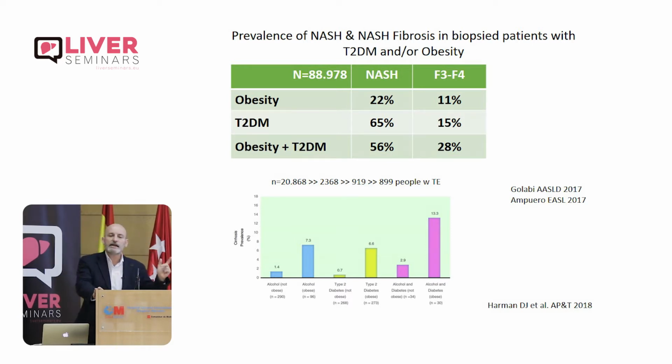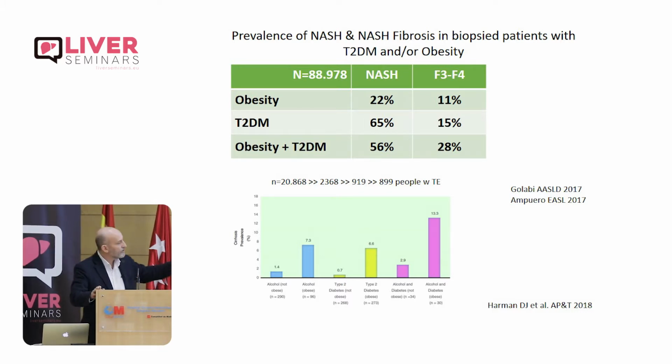At the end of the day, 900 came to the primary care center to undergo transient elastography, and it was successful in 900 patients. You can see the percentage of patients with cirrhosis depends on the collision of all these problems. In the pink column, the last column, in patients with type 2 diabetes, obesity, and alcohol consumption, 13% suffer from cirrhosis, not just advanced fibrosis, cirrhosis.